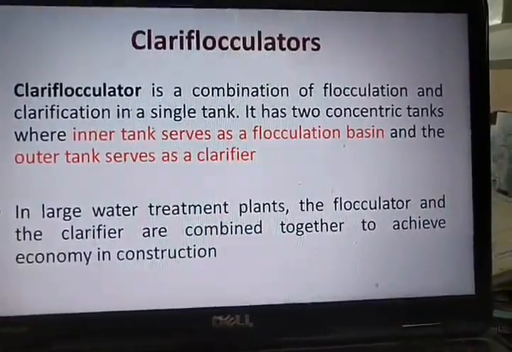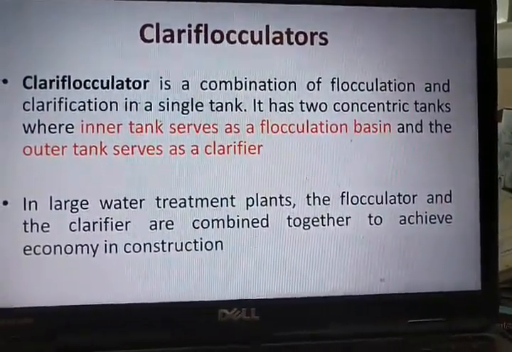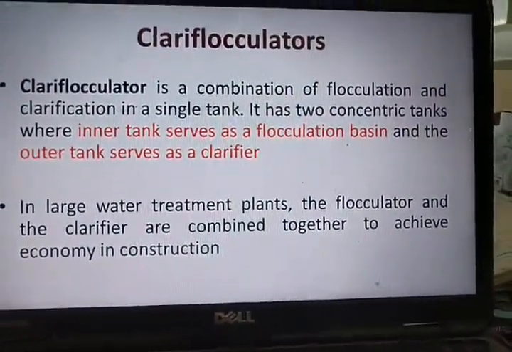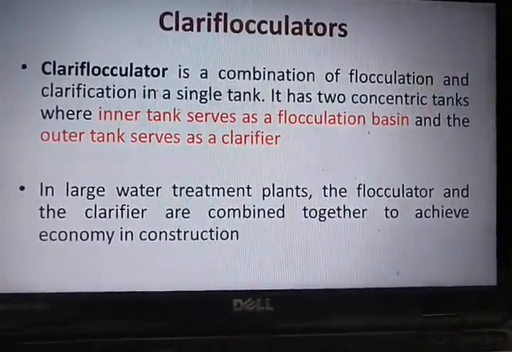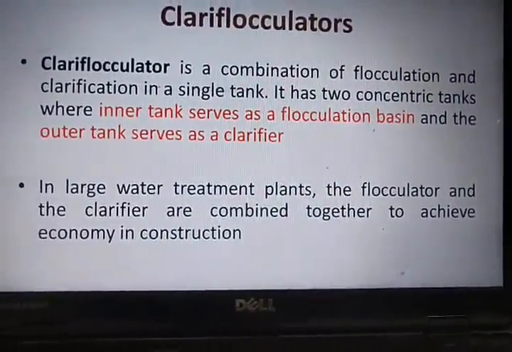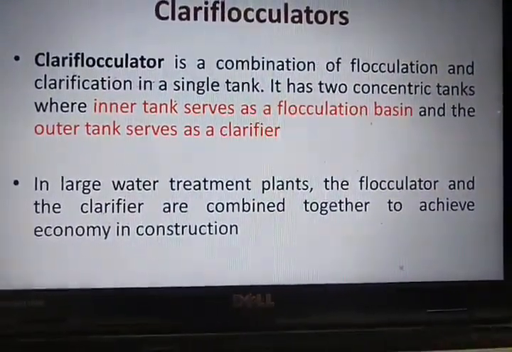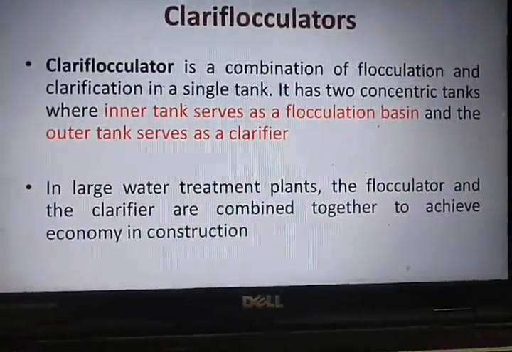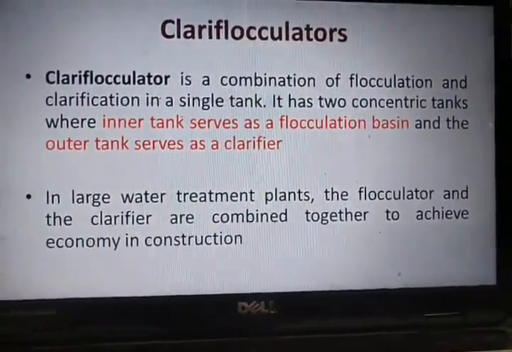The inner tank serves as a flocculation basin and the outer tank serves as a clarifier. In large water treatment plants, that is, community water treatment plants, the flocculator and clarifier are combined together to achieve economy in construction and also to save space.